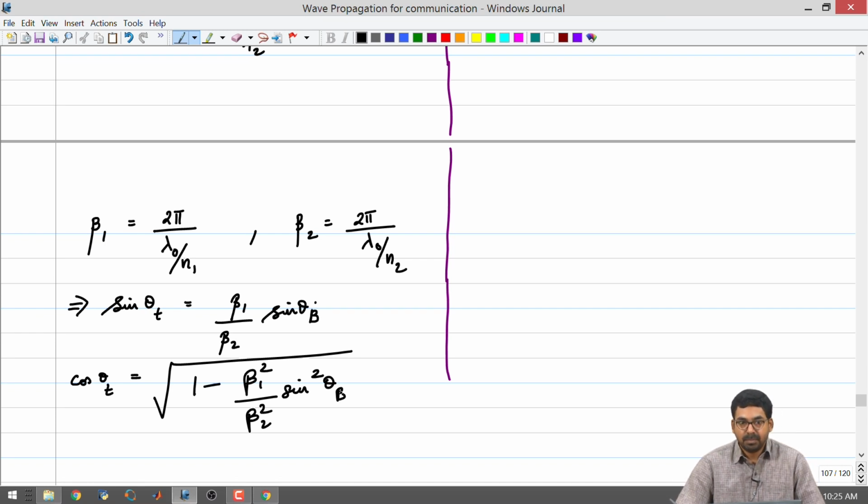Now, one of the things that we will notice over here is n1 divided by n2 can also be written in other forms. For example, you can write it as a ratio of permittivities and permeabilities. Beta can also be written as omega square root of mu epsilon, right. So, you can always expand these components into more and more constituents and try to look at it more deeply. There is nothing wrong with it, right.